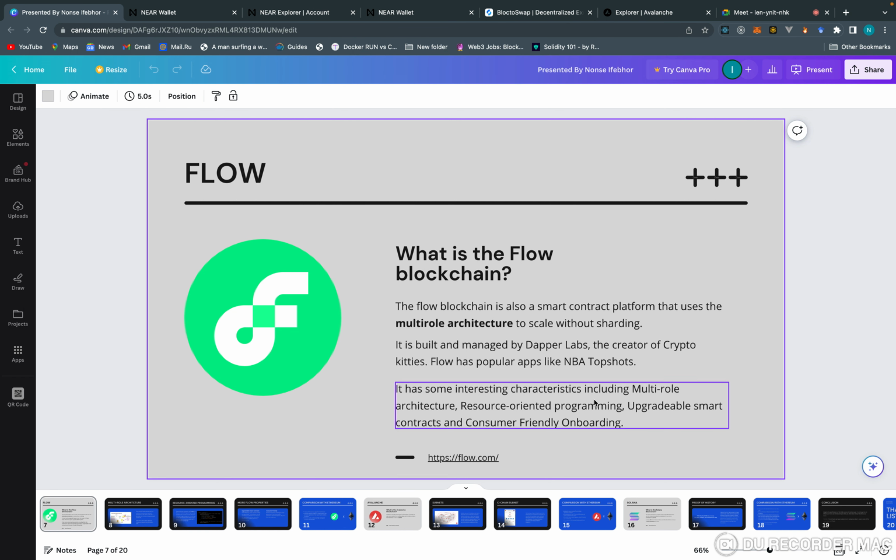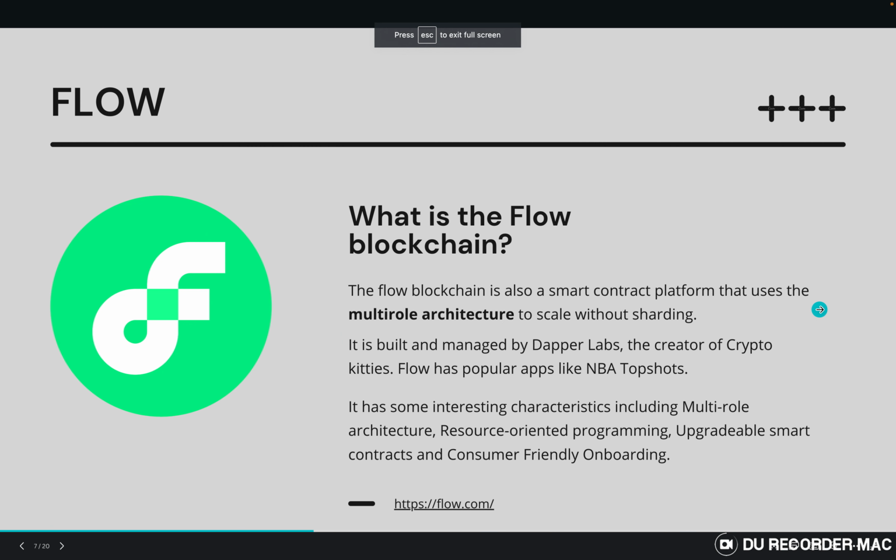So CryptoKitties are an NFT. They were the first popular NFTs on Ethereum. The first popular collectibles on Ethereum.